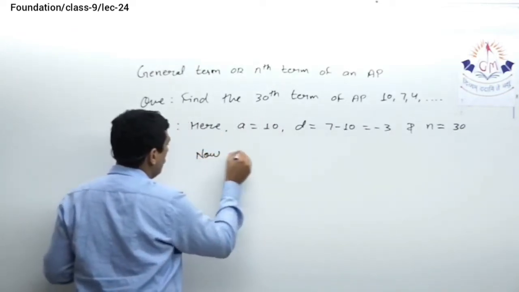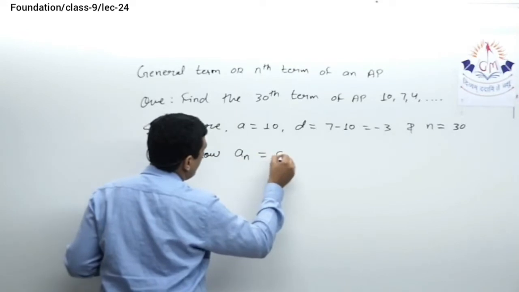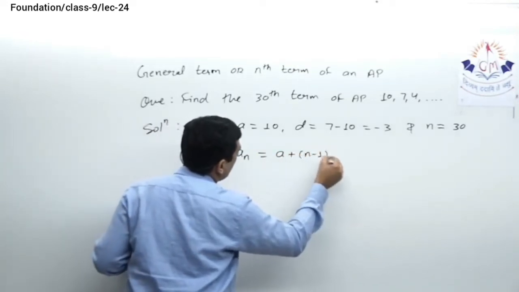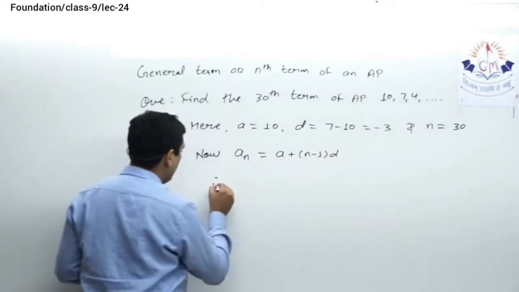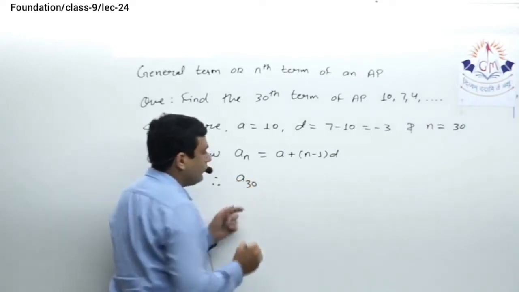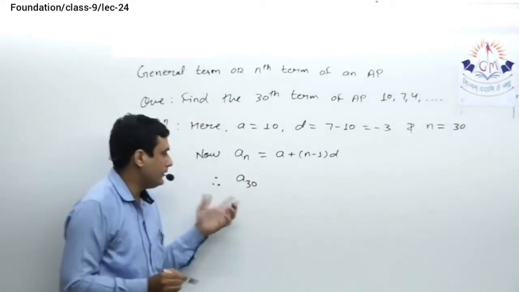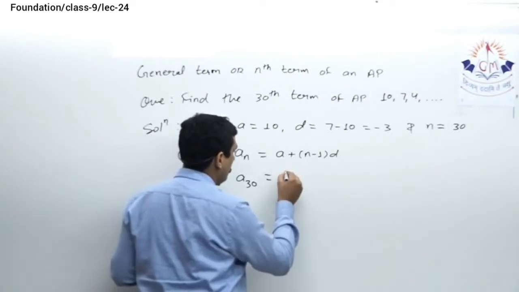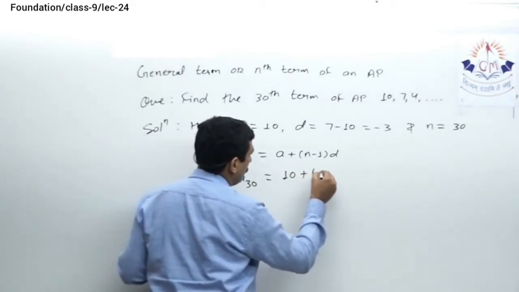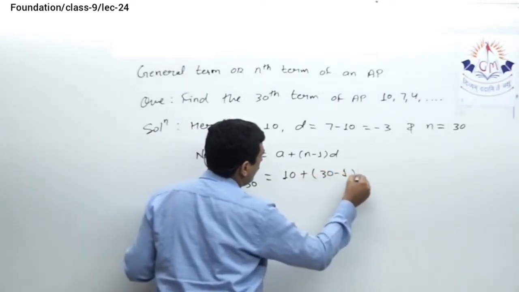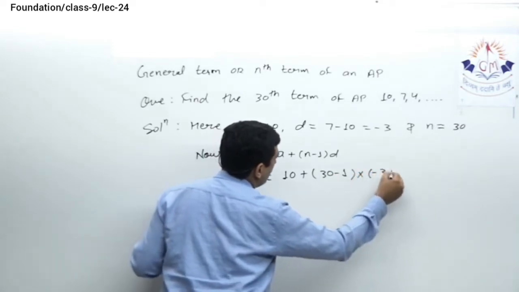Now an is equal to a plus n minus 1 into d. Therefore, as we have to find the 30th term, we'll write a30. A is 10, n is 30 minus 1, and d is minus 3.